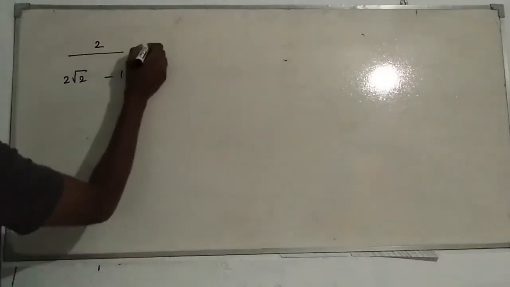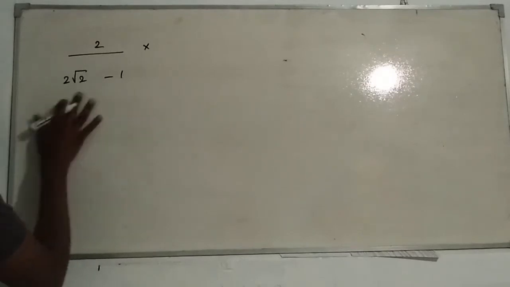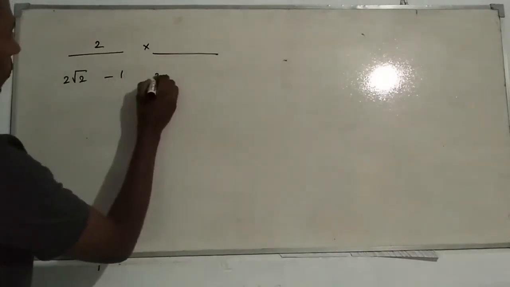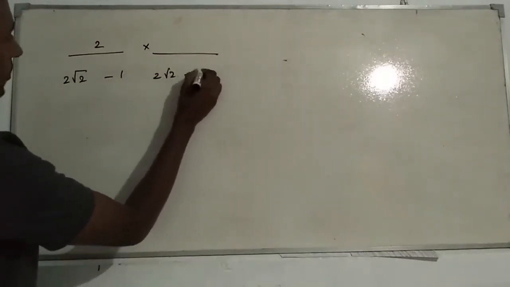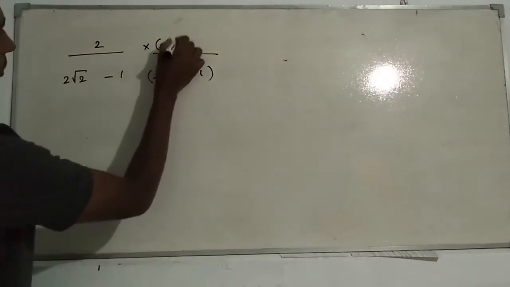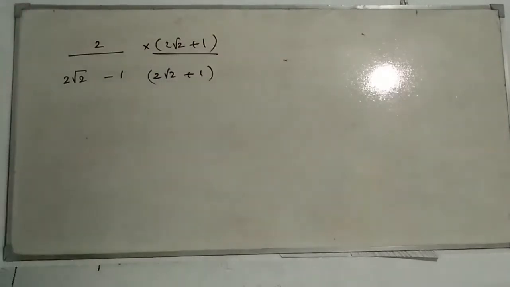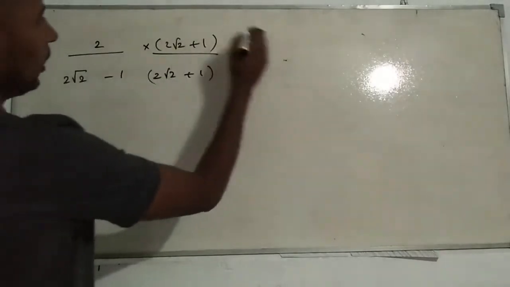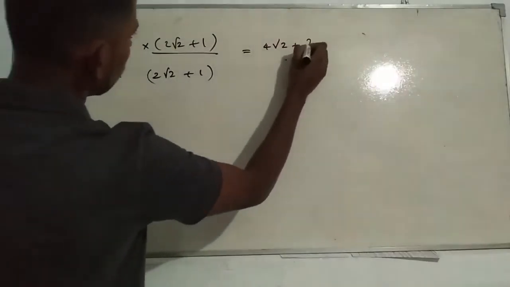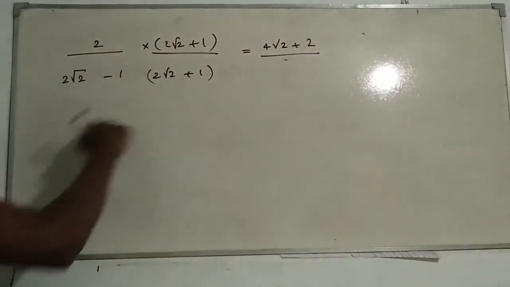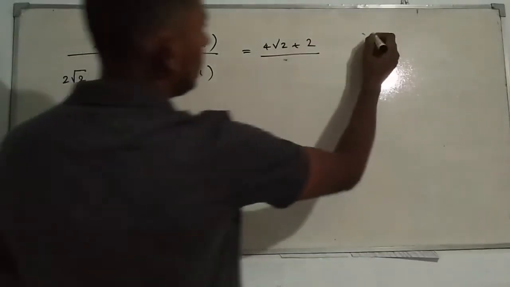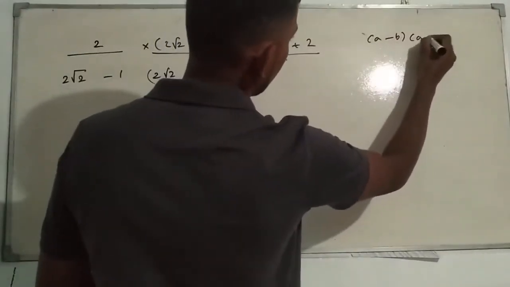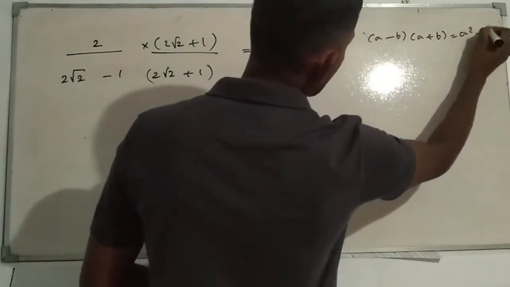So you can write the conjugate of this denominator, that is 2 times root 2 plus 1. That is the conjugate of the denominator, right? Then if you look at the numerator, you will get 4 times root 2 plus 2 over, look at this one, right? You know that a minus b times a plus b is equal to a squared minus b squared.